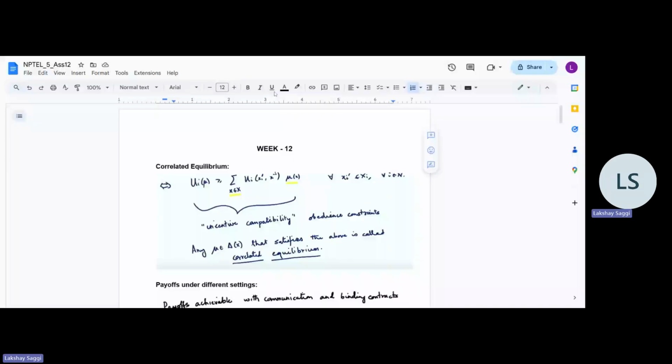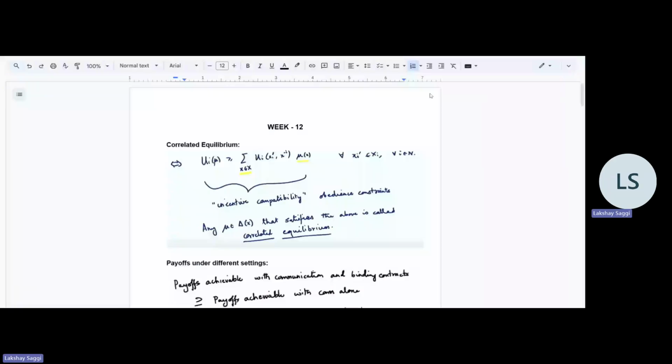I hope my screen is visible to everyone. So maybe I just zoom.